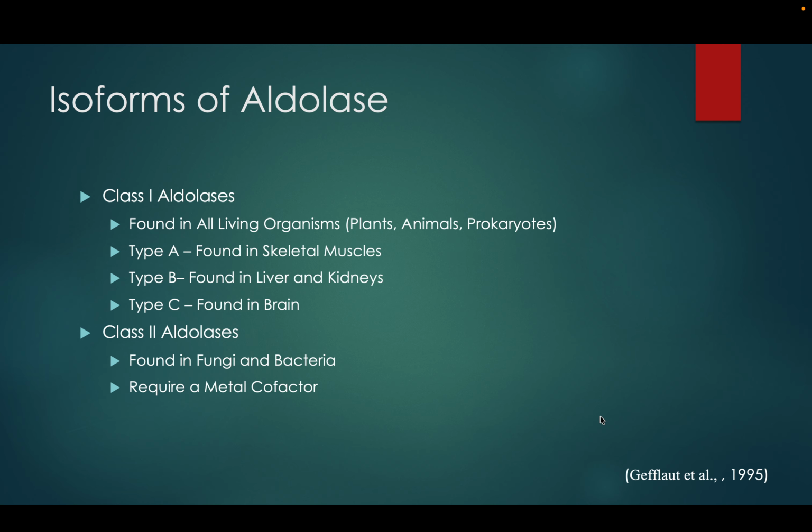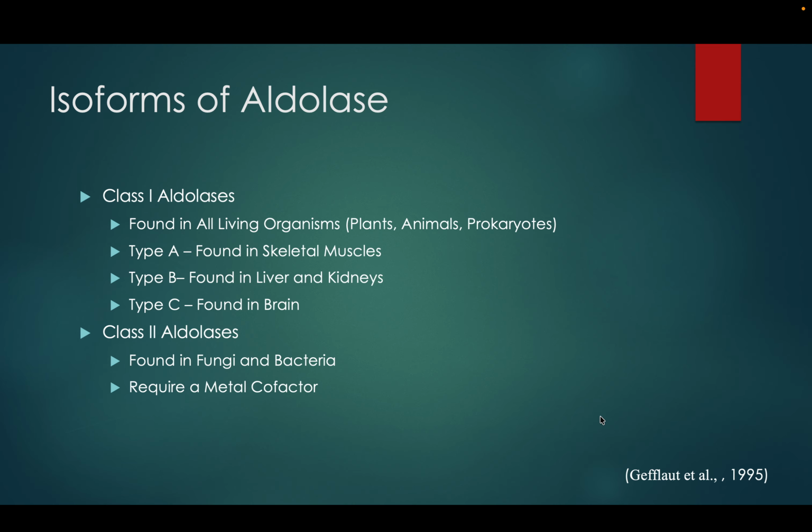This is from prokaryotes and eukaryotes all the way up to plants and animals. In contrast, class 2 aldolases are only found in certain species like fungi and bacteria. The class 2 aldolases are not found in higher level organisms like animals and plants.